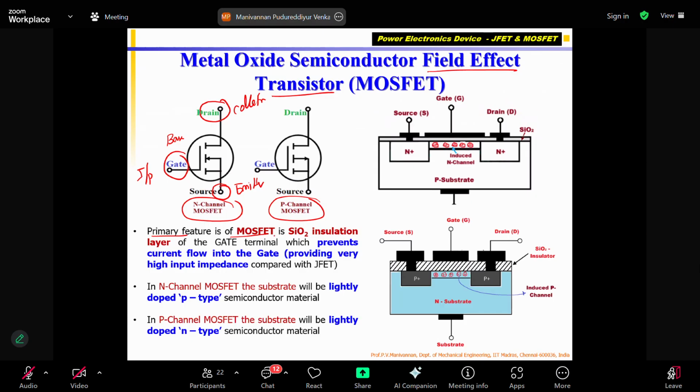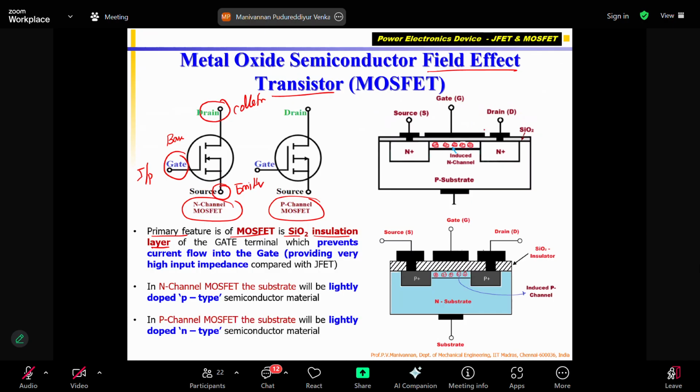MOSFET has an additional insulation layer made of silicon dioxide, which is deposited above the gate terminal. The gate terminal is taken from a conducting metal, and below that there is an insulator, which separates the gate metal deposition.